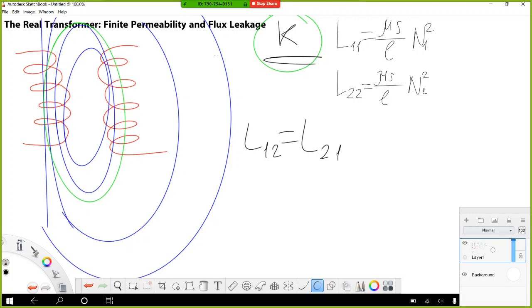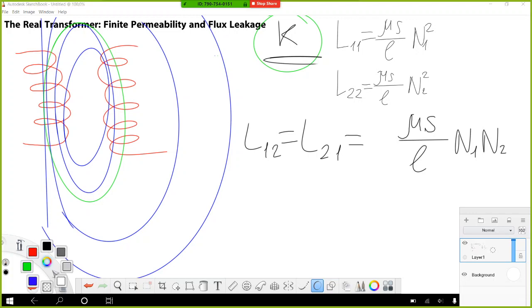In the previous section we said that the mutual inductance of two coils is mu s over L n1 n2, but in the case where we have flux leakage, only the fraction k links the two coils. That's why we put here the fraction k.